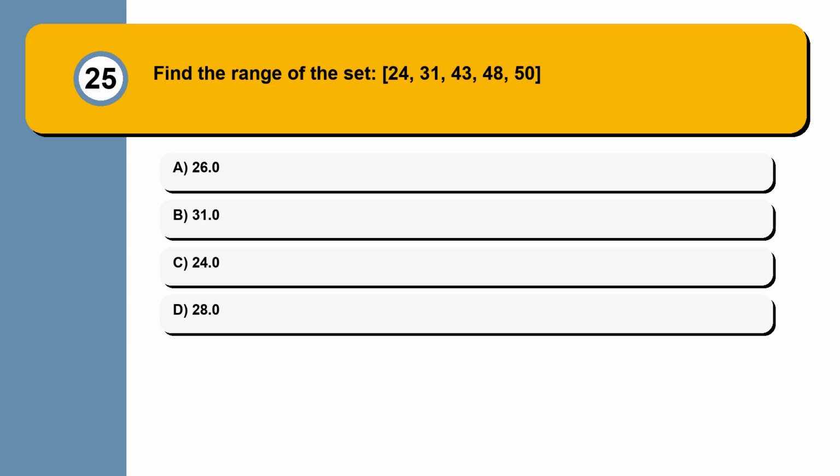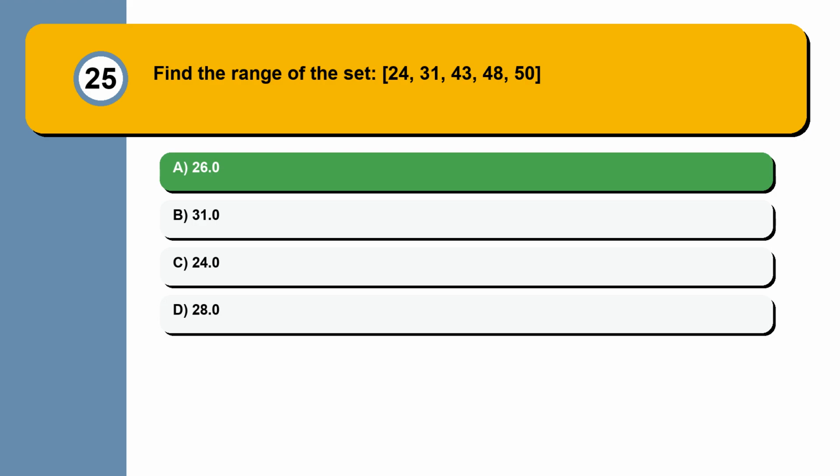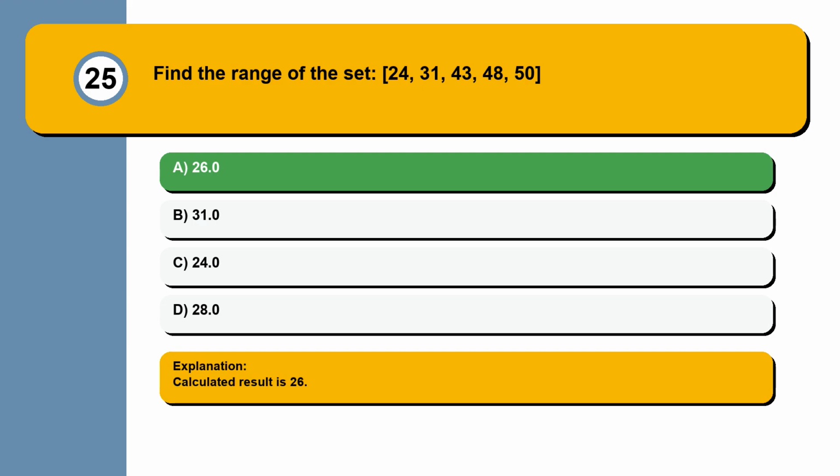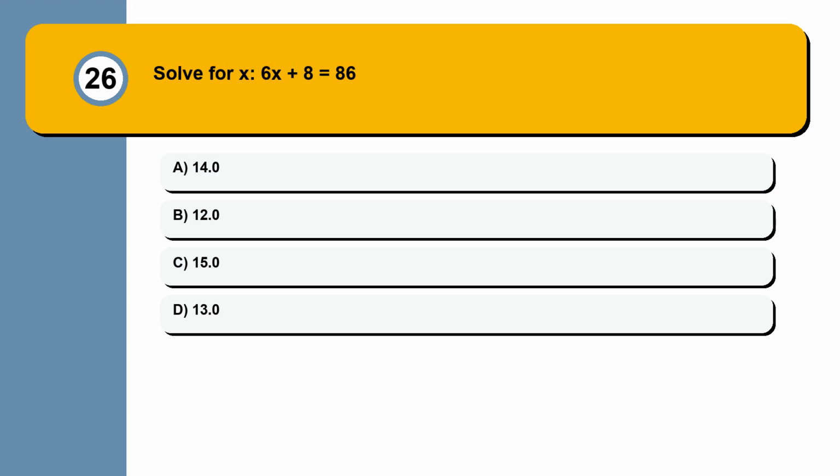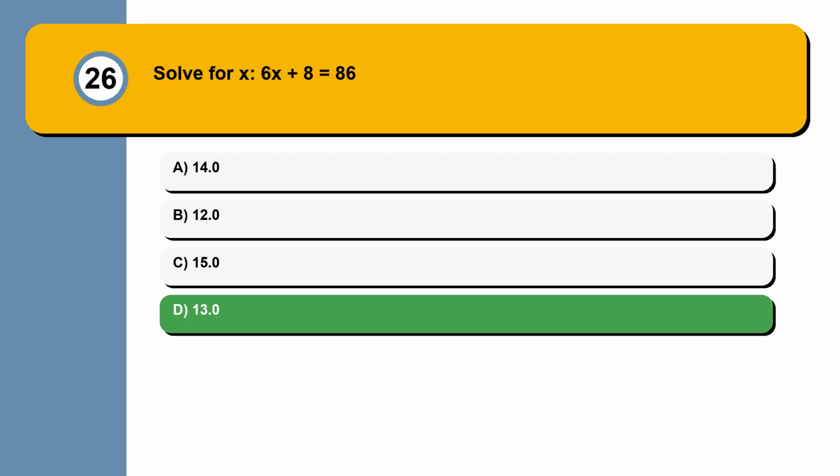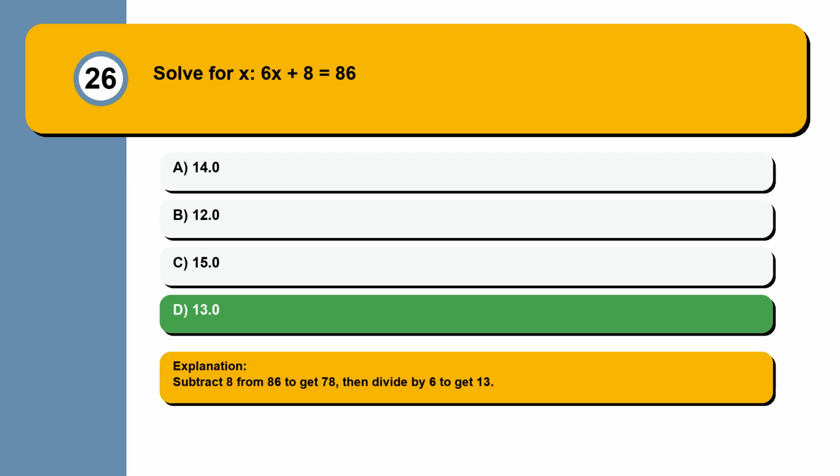Options: 26, 31, 24, 28. Calculated result is 26. Question 26. Solve for x. 6x plus 8 equals 86. Options: 14, 12, 15, 13. Subtract 8 from 86 to get 78, then divide by 6 to get 13.